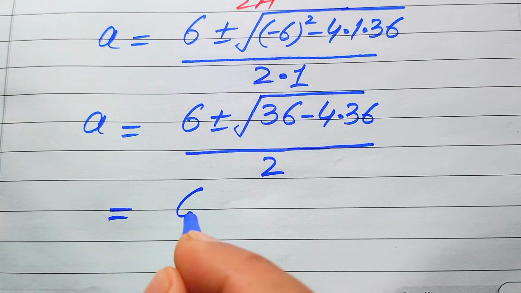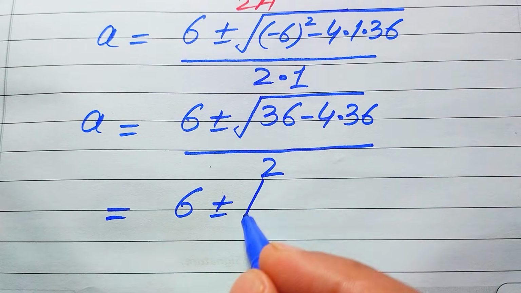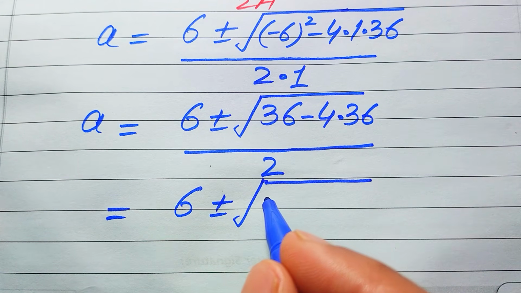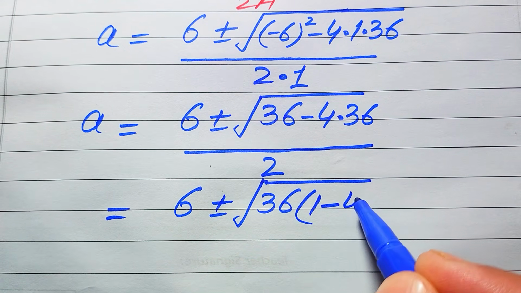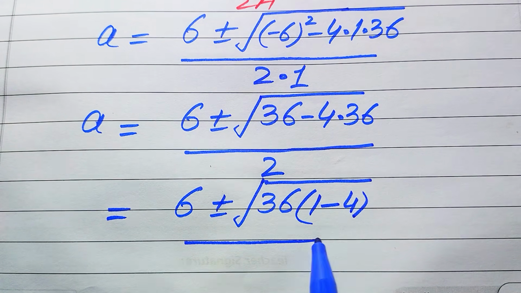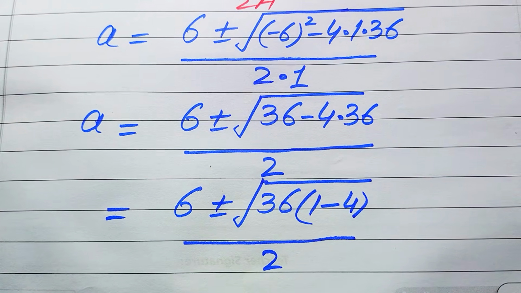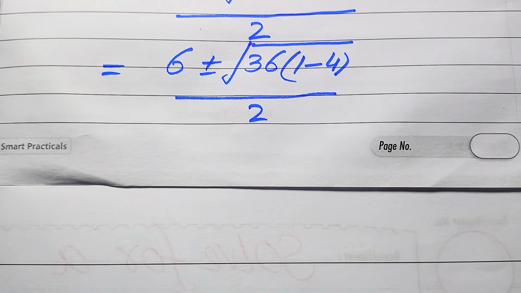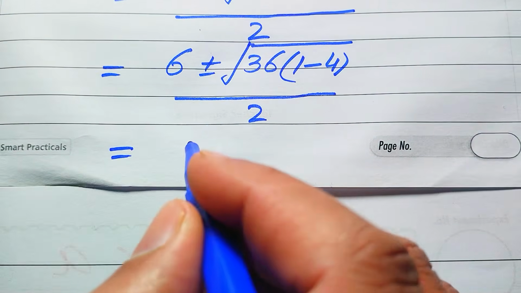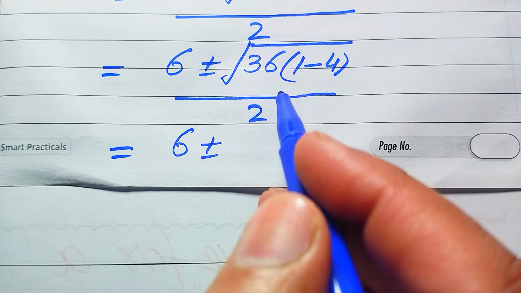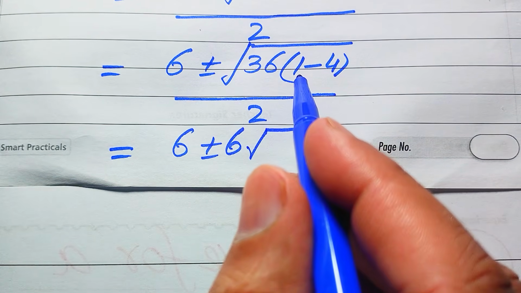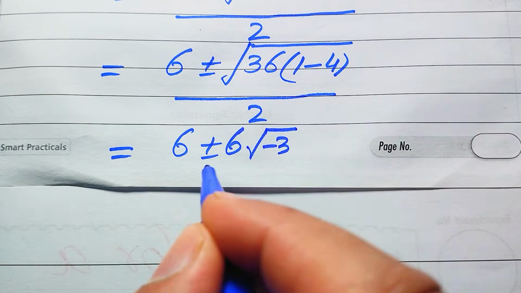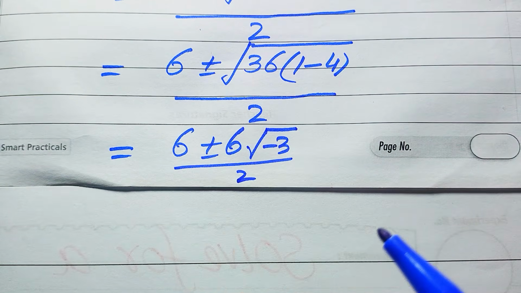Now in the next step we have 6 plus minus, and inside the square root sign 36 is the common term, so we take 36 common from here and the remaining values are 1 minus 4, divided by 2. In the next step we have 6 plus minus, and we know that the square root of 36 becomes 6, into the square root of 1 minus 4, which becomes minus 3, divided by 2.